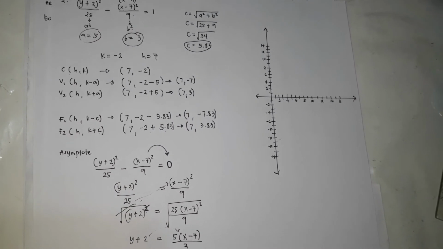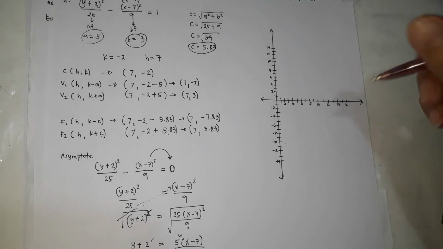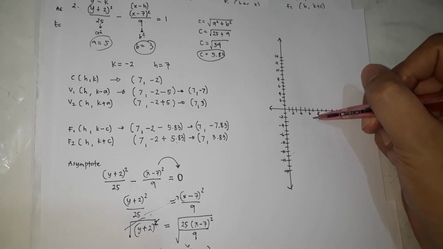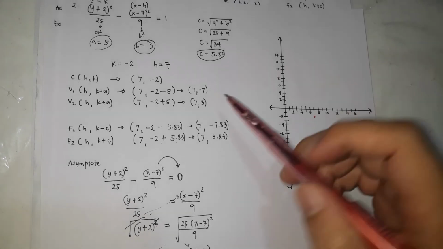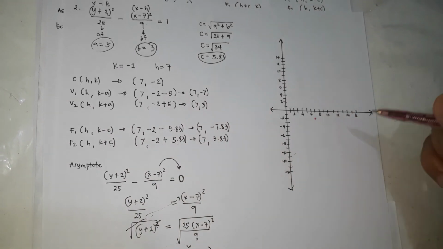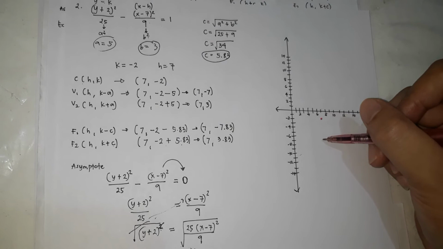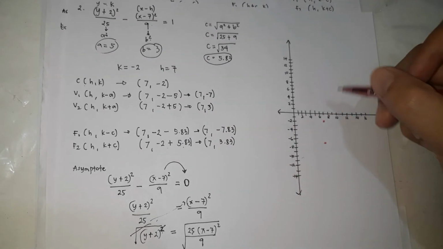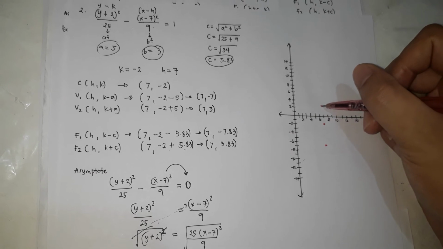So we're going to graph now the hyperbola. So the first one, the center is at 7, negative 2. So this is the center. Next, the vertex one is 7, negative 7. That's the vertex 1. Vertex 2 is 7, 3.